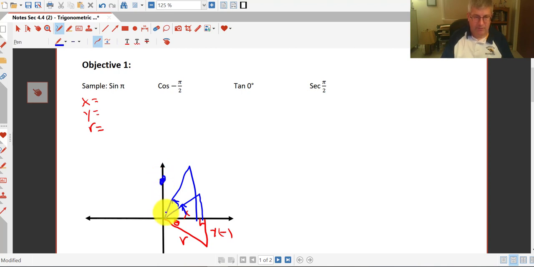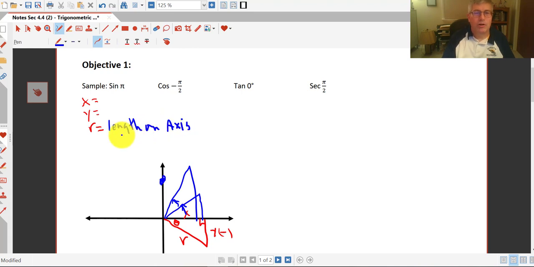We have an x and a y, and an r, but there's no triangle here anymore. So our r value becomes whatever length we have along the x or the y axis. That becomes the length on whichever axis we happen to be working on.